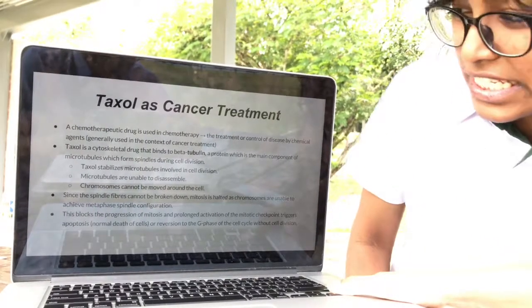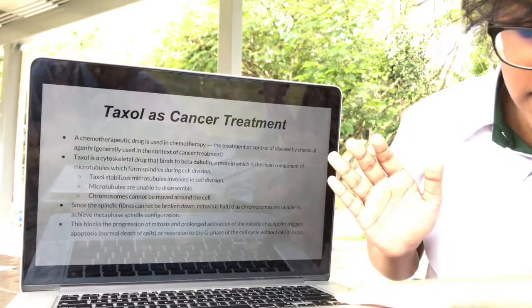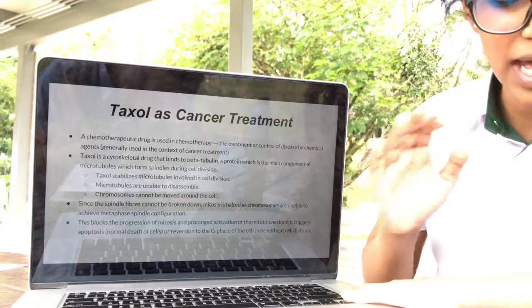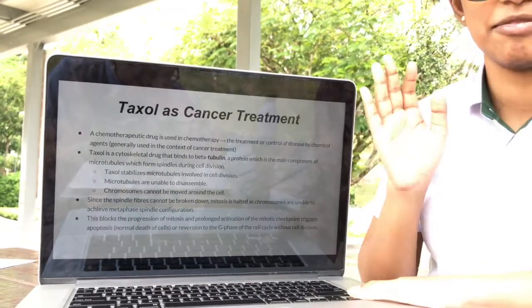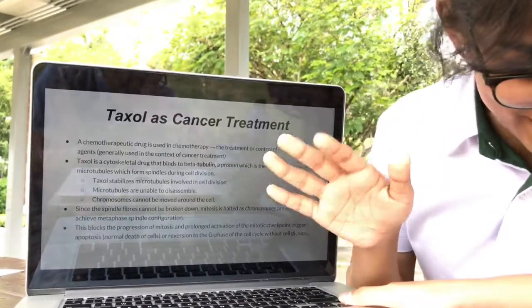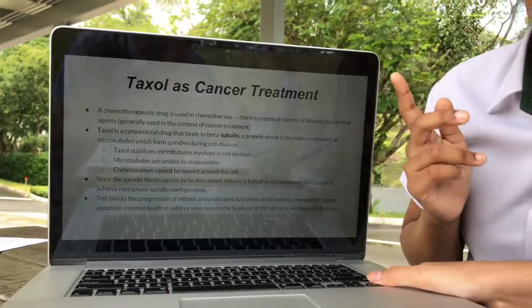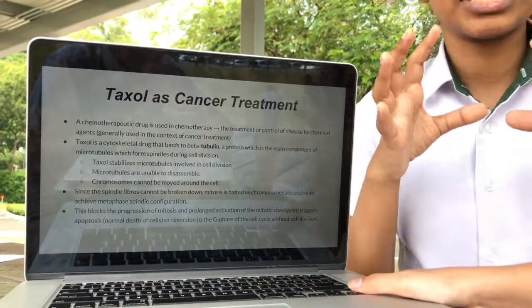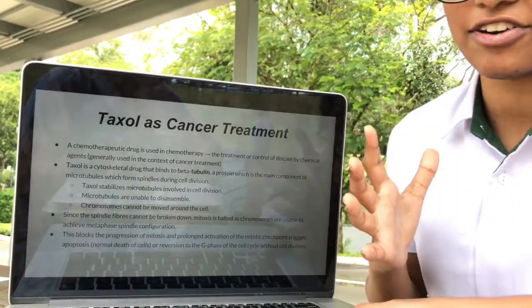What Taxol does is stabilize the microtubules involved in cell division and prevent them from disassembling. So the chromosomes can't be moved around the cell. This usually happens around metaphase of cell division, as you can see here. Because the spindle fibers can't be disassembled, mitosis stops at metaphase and the cell can't divide.